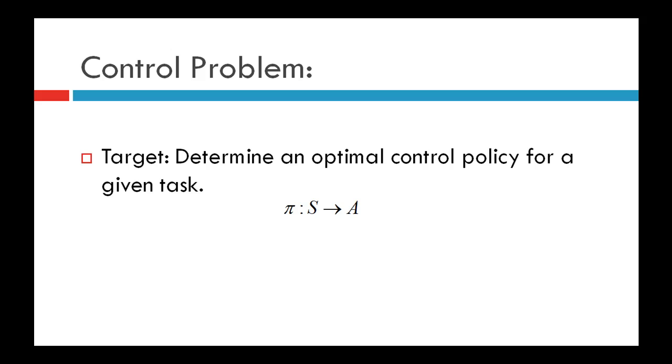An optimal control policy will give the best possible action such that the reward can be maximized. So for each state, the optimal control policy will give the best possible action that the agent can take in that state.